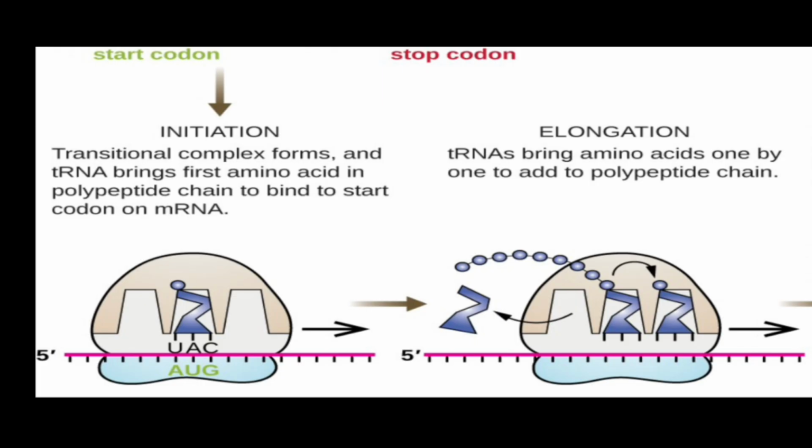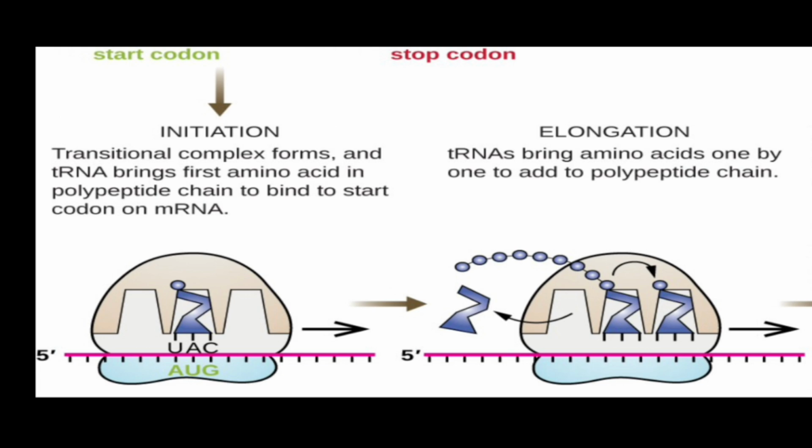On the 30S subunit, messenger RNA is bound, and the first codon, the initiation codon or start codon of the messenger RNA, is read by the transfer RNA containing UAC, which has one amino acid attached. So the first tRNA comes and binds with the start codon on the messenger RNA on the small ribosomal unit to initiate the process of protein synthesis.